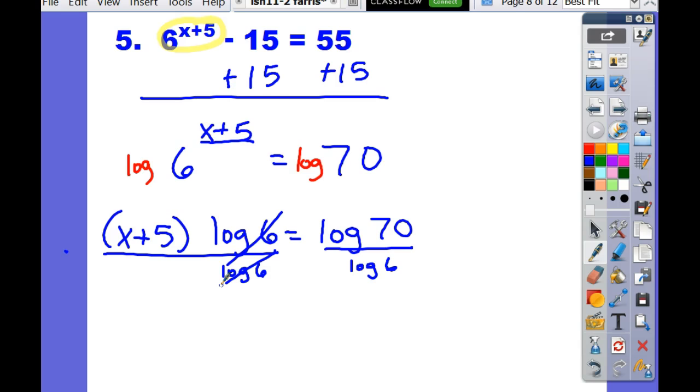Divide the log of 70 divided by the log of 6. What am I going to do with the plus 5?